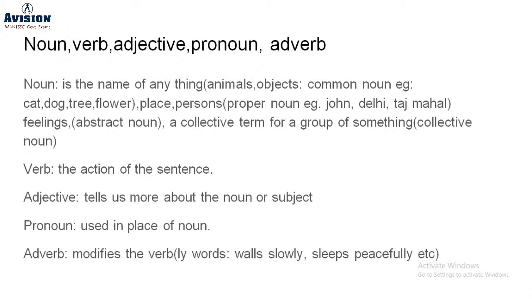Okay, the next one is pronoun. Pronouns are used in place of nouns. Take for example, there are lines written about a guy called John. John wakes at 7 a.m. in the morning.